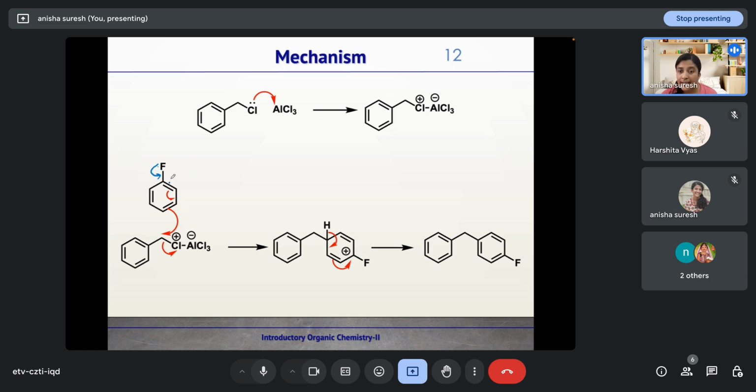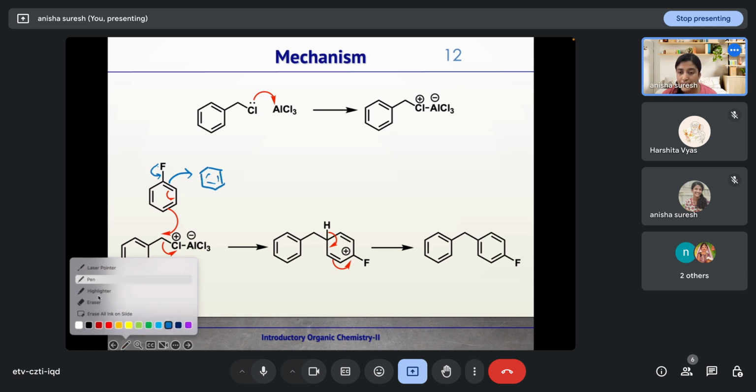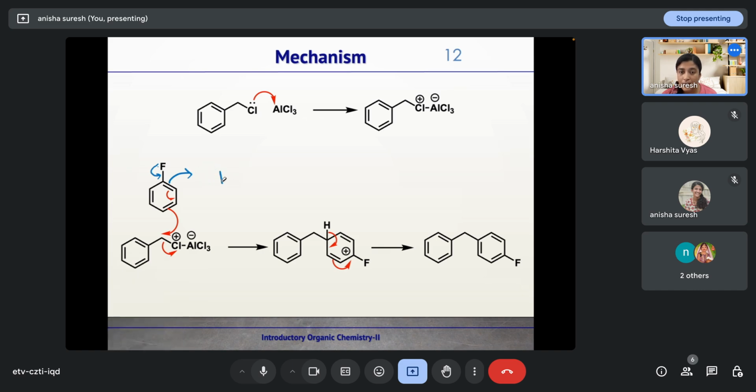When the attack is taking place from this direction, Cl, AlCl3 minus plus.